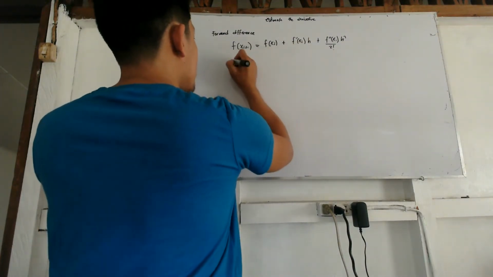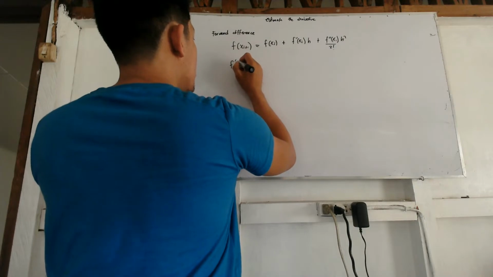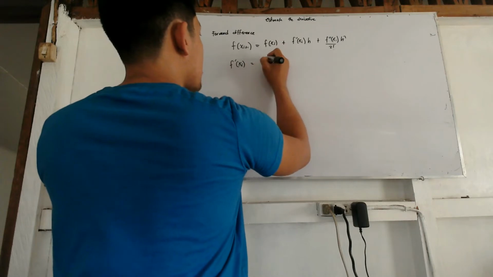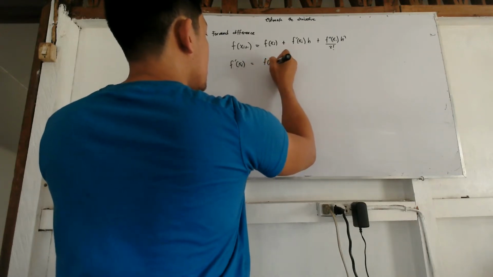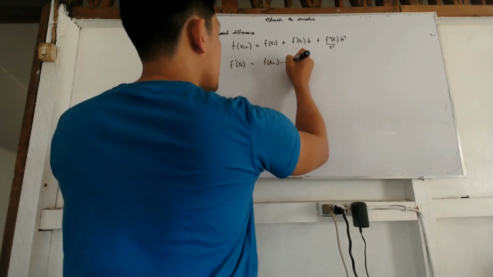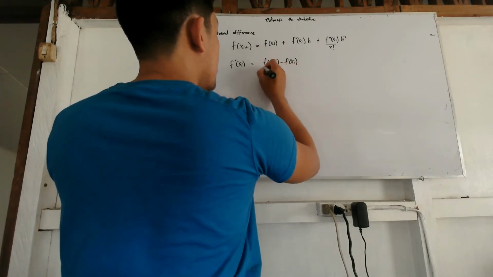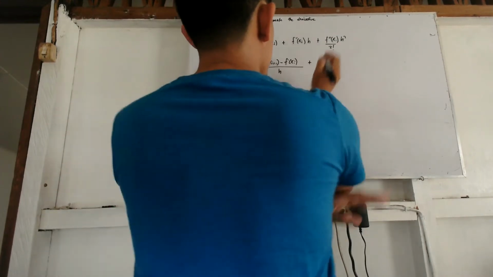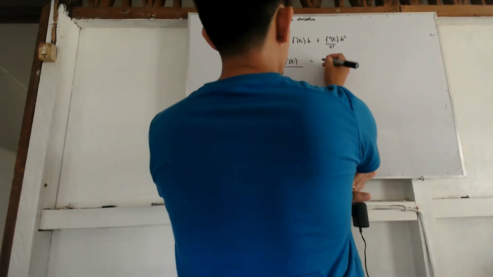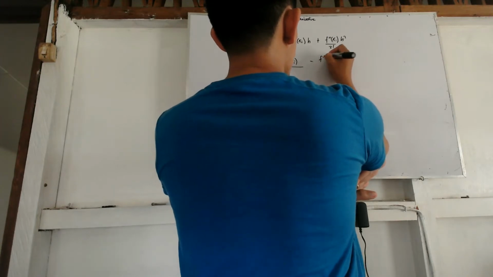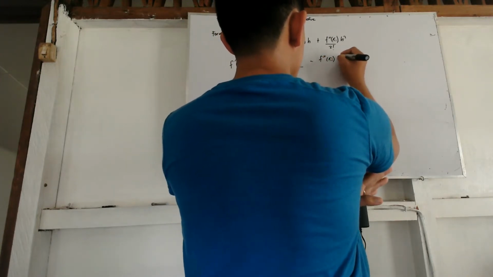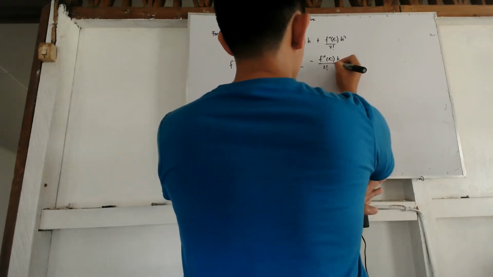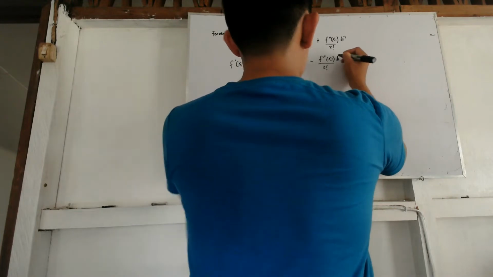So if we rewrite, we have f prime of x sub i is equal to f of x sub i plus 1 minus f of x sub i over h, then minus f double prime of x sub i over 2 factorial times h.